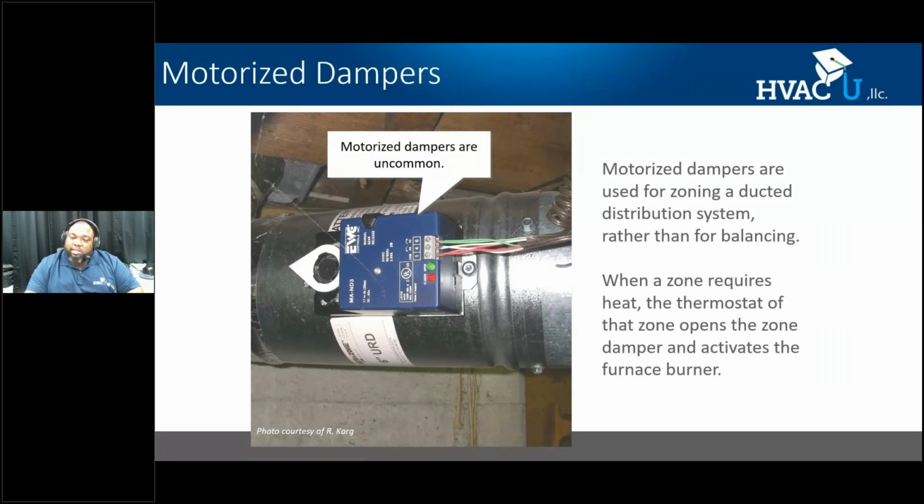A zoning system typically can be deployed to solve that. However, zoning systems have rules, and outside of the context of this presentation, they need to be followed, because if those zoning systems are implemented incorrectly, it can cause serious problems as far as equipment damage and comfort when we talk about our duct system.